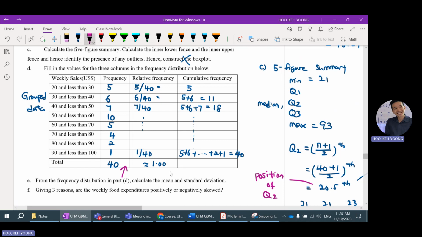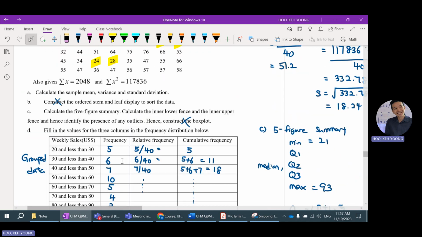So this one is using grouped data. The difference between question A and question E: question A is using ungrouped data.